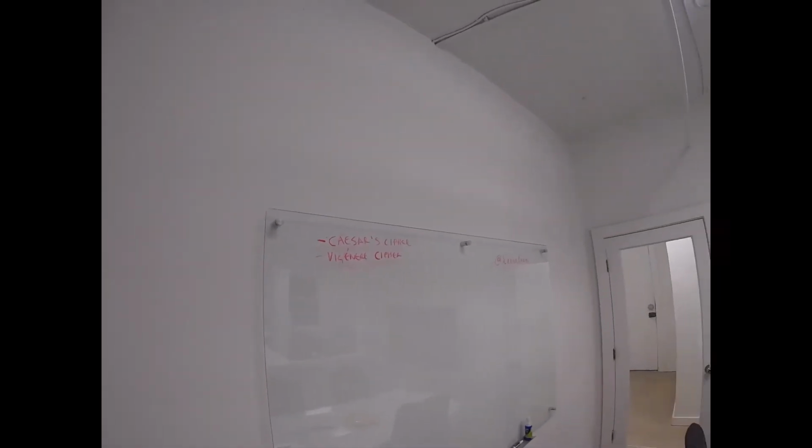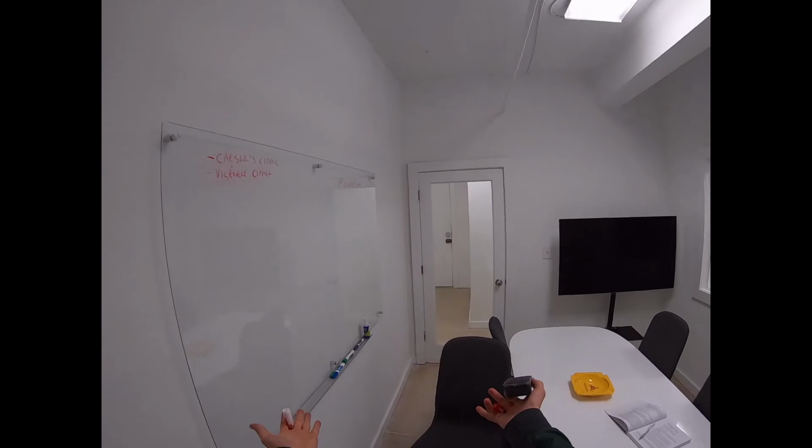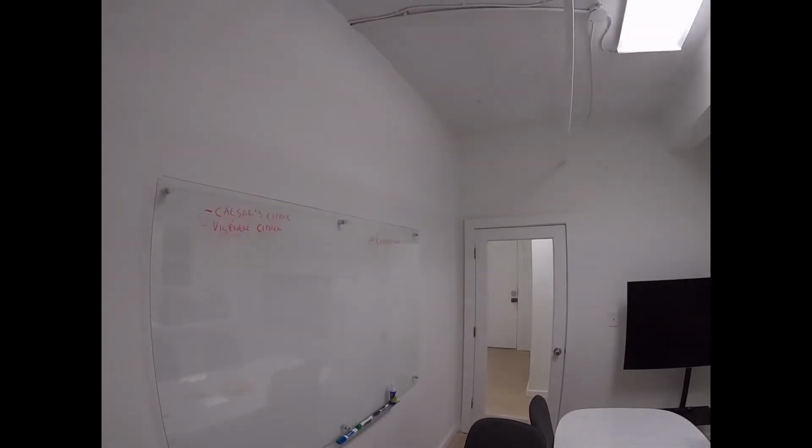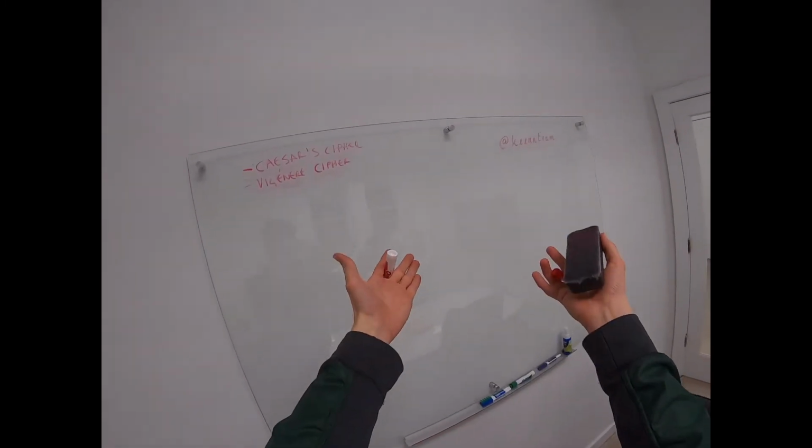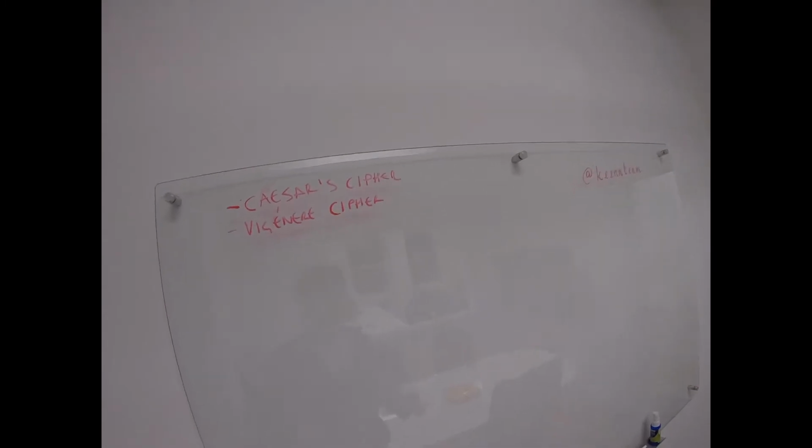So guess why this was called Caesar cipher? Because Caesar, the Roman emperor, used it to send secret messages to his politicians, generals, army people, whoever it was. What does the Caesar cipher consist of?